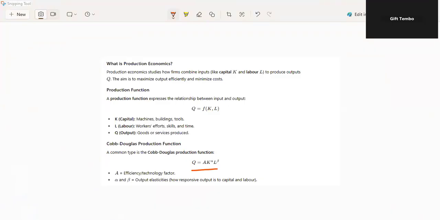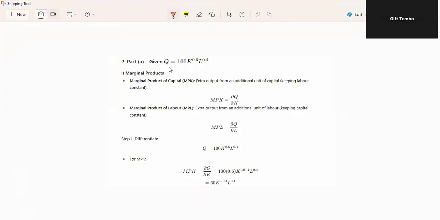So now, since we learned how to differentiate, if we're given a question like this one here, we are told the production function is given by Q = 100 K^0.6 L^0.4. The marginal product of capital, MPK, is simply the additional units that we are going to get from keeping labor constant. So we differentiate.